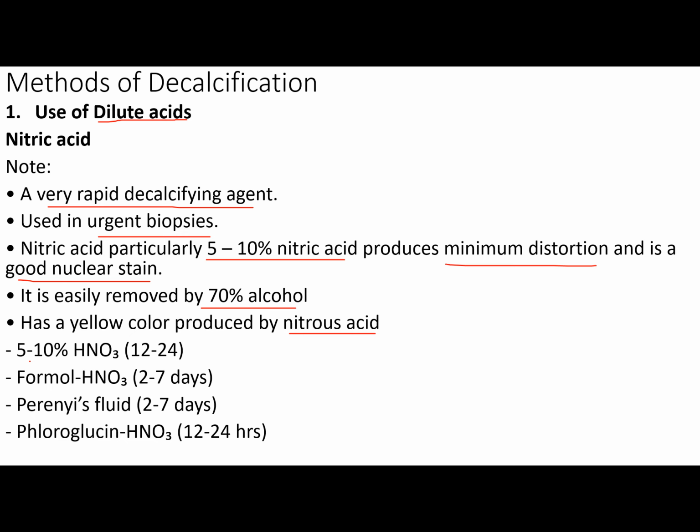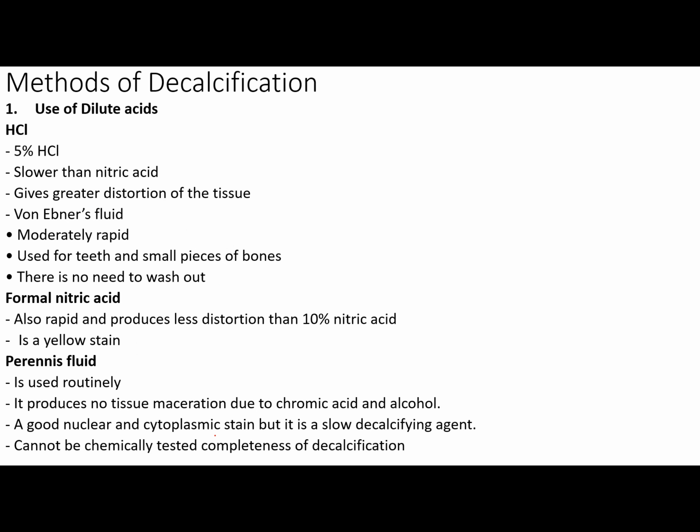It would be 5 to 10% nitric acid, 12 to 24 hours ang kanyang decalcification. Formal nitric acid, which would require 2 to 7 days, Perenyi's fluid, 2 to 7 days, and phloroglucin nitric acid, 12 to 24 hours.